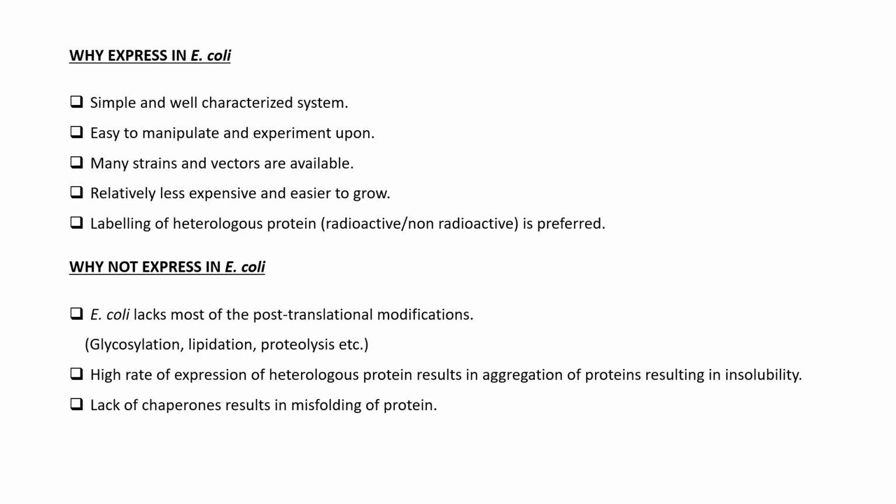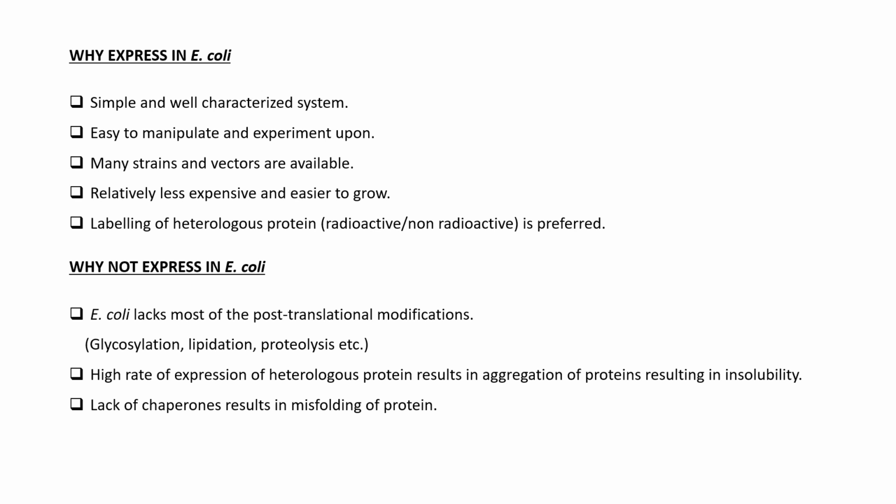Today I will tell you why we have chosen E. coli as a preferred host for the expression of heterologous proteins. The very first reason is that it is very simple in structure, and its structure is well characterized, including its genomic structure. There is also ease of working with E. coli. This is the second benefit. The third is that E. coli has many vectors and strains commercially available in the market.